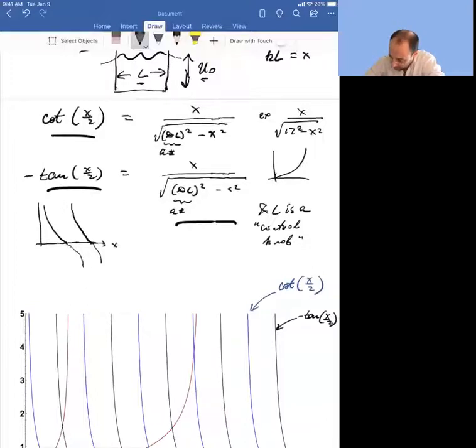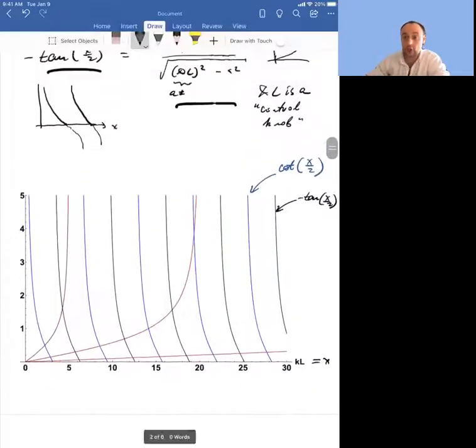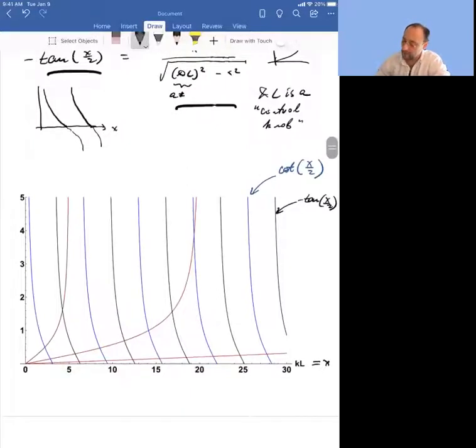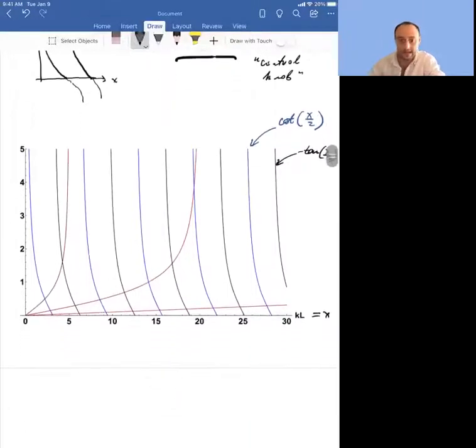So if you actually graph this kind of a function, it will look like this. And the shape of that thing, well, the shape is the same, but the exact form of that function depends on the control knob. It depends on this DL.